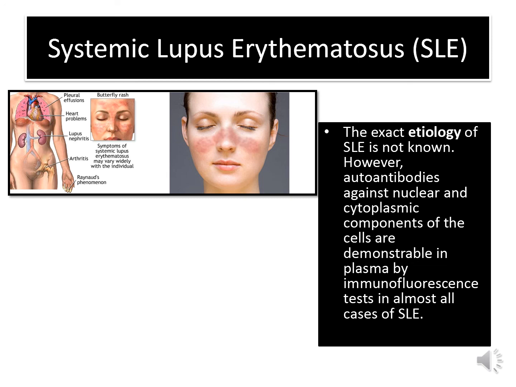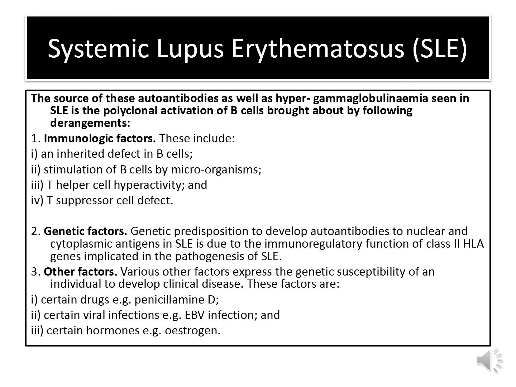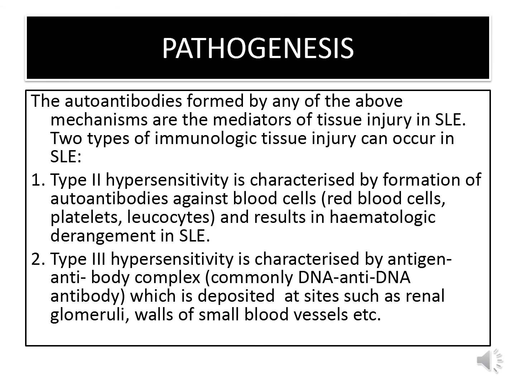Here you see the symptoms in such disease: the so-called butterfly rash, pleural effusions, heart problems. We see the morphology of lupus nephritis, arthritis, and Raynaud's phenomenon. Various immunological, genetical, and other factors are involved in such pathology.